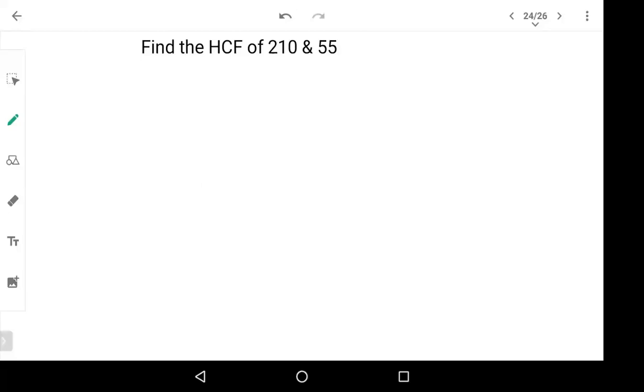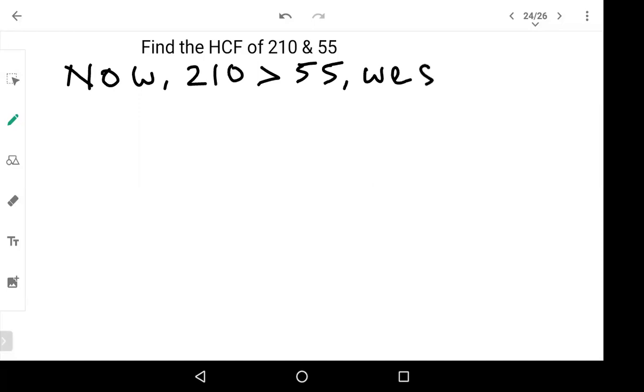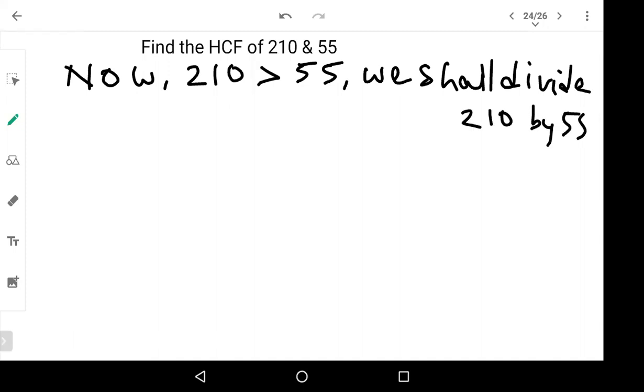Since 210 is greater than 55, we shall divide 210 by 55. This is the first step that you have to do.